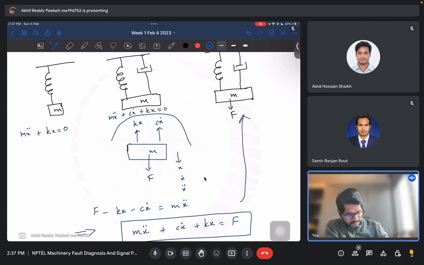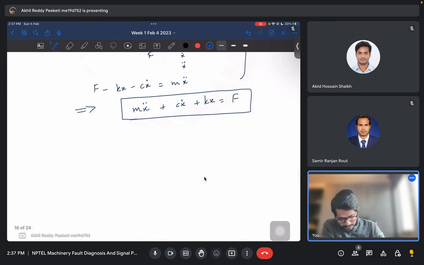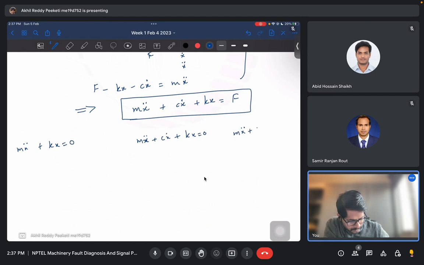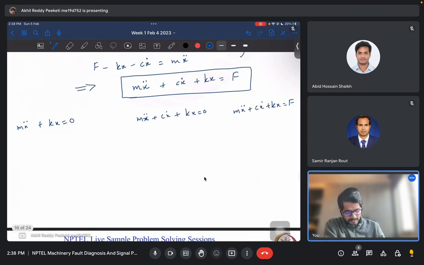And m x double dot plus c x dot plus k x is equal to f for the full case.